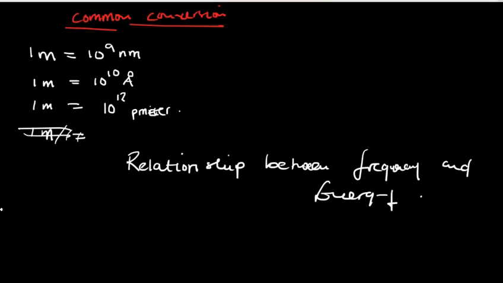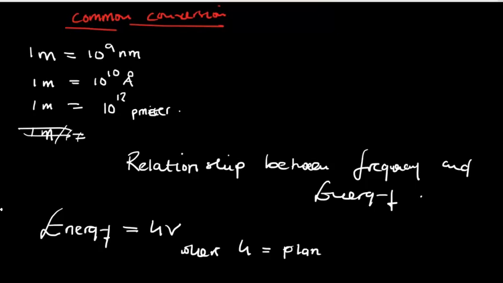So energy is equal to H times V, where this H is the Planck's constant. This is also just like the speed of light.